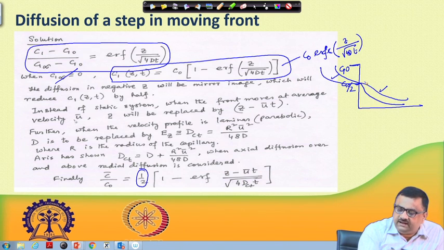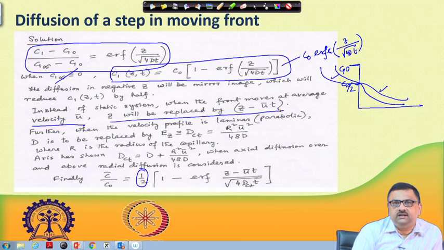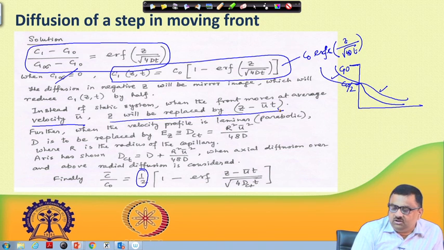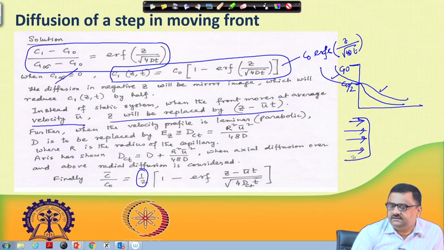And instead of a static system, when the front moves at an average velocity u bar, z has to be replaced by z minus u bar into t. This we had done earlier for the moving coordinate system. Further, when the velocity profile is laminar, note that if this front were perfectly uniform, with the entire cross section traveling with the same velocity, then we could have solved this in a different way.